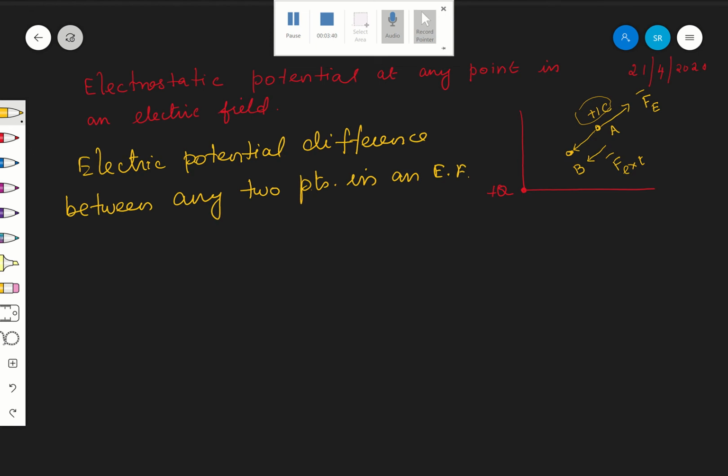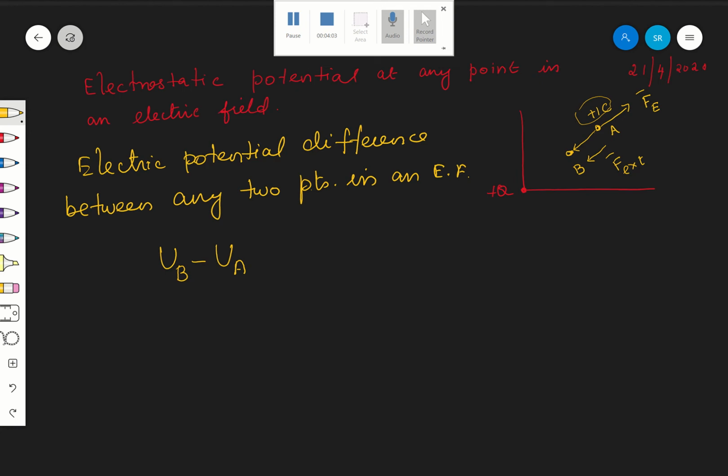Already we have seen the electric potential energy. The electric potential energy difference between any 2 points is given by UB minus UA. For that you have to keep a test charge, right?